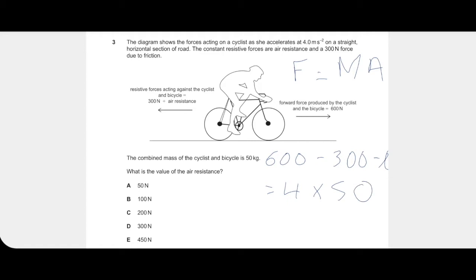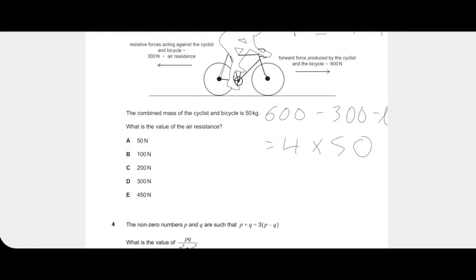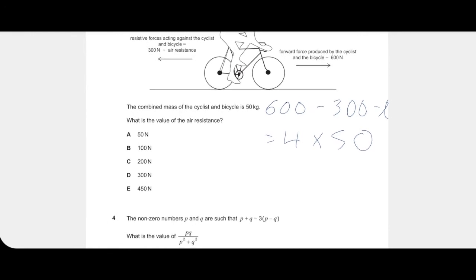Now that I've done step number 2, where I've got an equation 600 minus 300 minus x, where x stands for air resistance, is equal to 4 times 50, I'm now going to simply solve the equation.